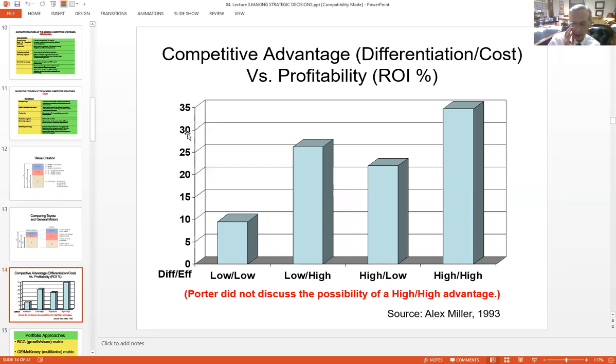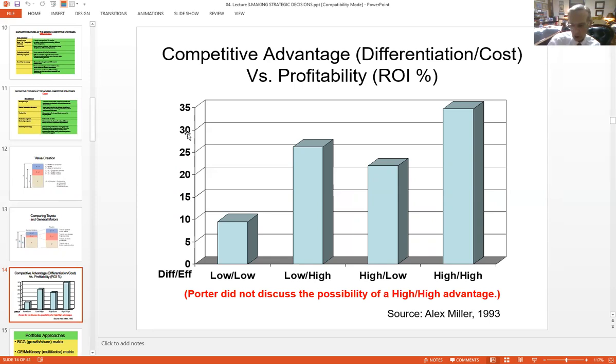Some of them, and you've got to watch out for the way you read the labels on the x-axis here. I've copied Miller's diagram as he presented it.